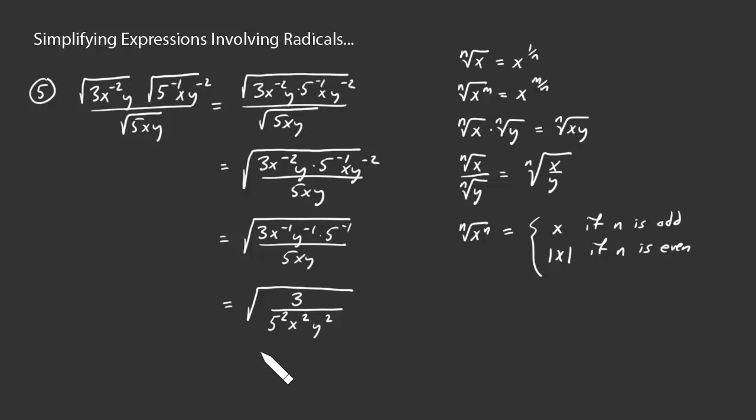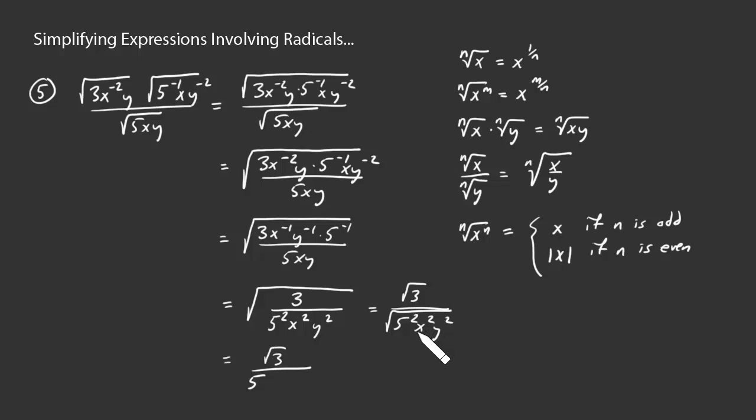Okay. Now, notice we have a square root of a quotient. Certainly, that's the quotient of 2 square roots. Okay. Square root of 3 is fine. Square root of 5 squared, that's going to be 5 for certain. Square root of x squared, that looks like a perfect square. It is, of course.